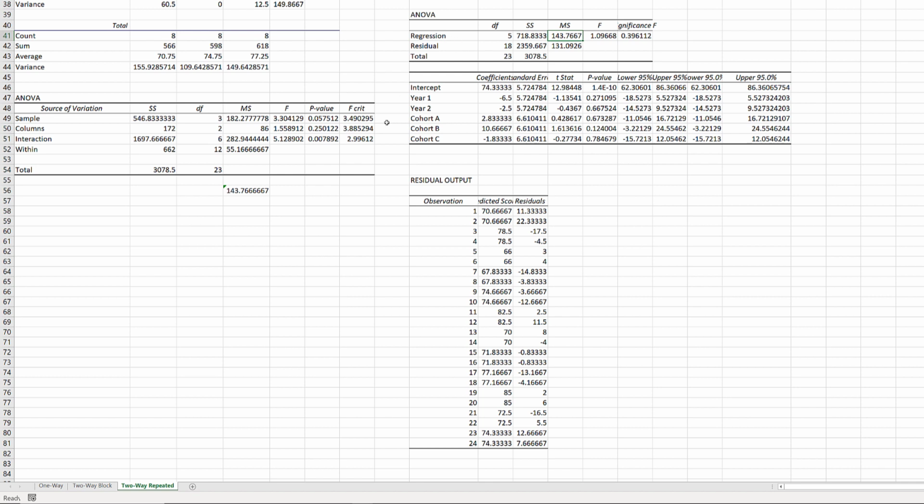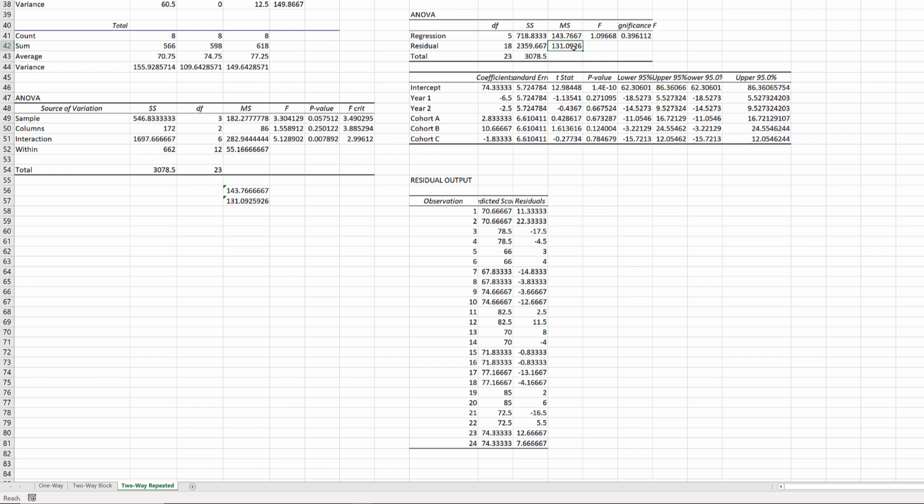See how that works? Now we need to do the same thing for the other mean square. So that's going to be here and here. So below that, we'll do equals, parentheses, 6 times the mean square for the interaction, close, plus, open, 12 times the mean square for the error or the within, close, close, divided by the sum of those degrees of freedom, so 6 and 12, close, enter, and we get 131.0926.